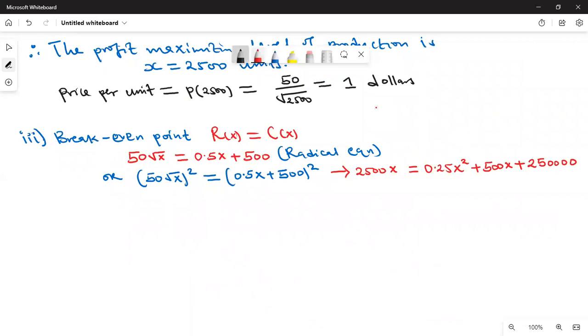So you can just say 0.25 x squared, then we'll have 500x minus 2500x. So what is that? 500 minus 2500 will give us minus 2000x.